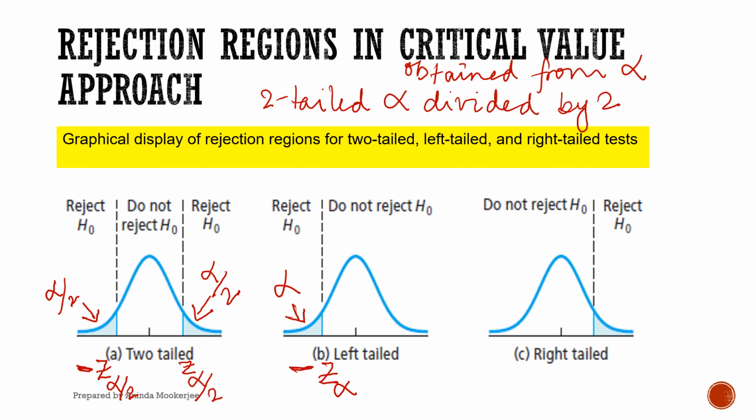And for a right-tailed test, the reject region is going to be on the right-hand side. The area corresponding to the reject region is going to be alpha as well, and the critical value is going to be z of alpha.